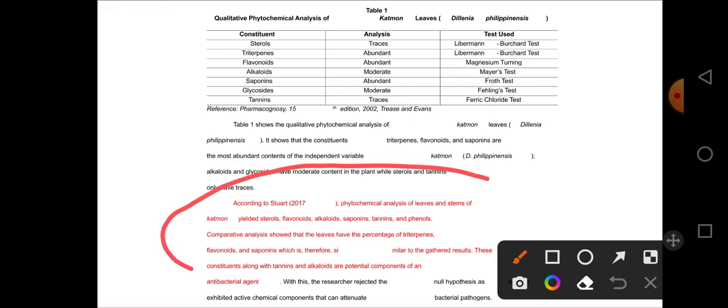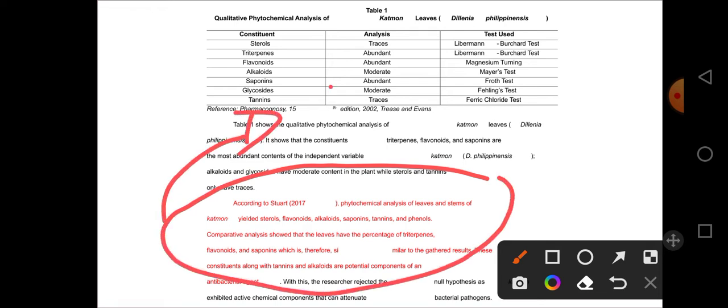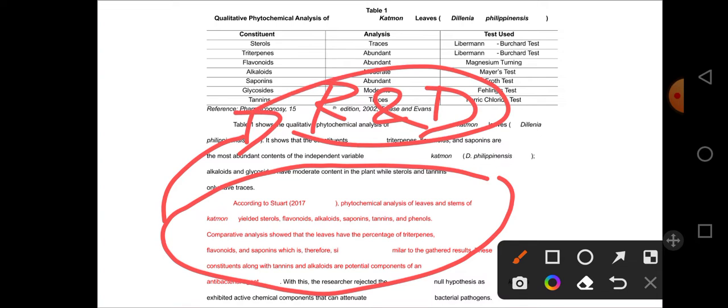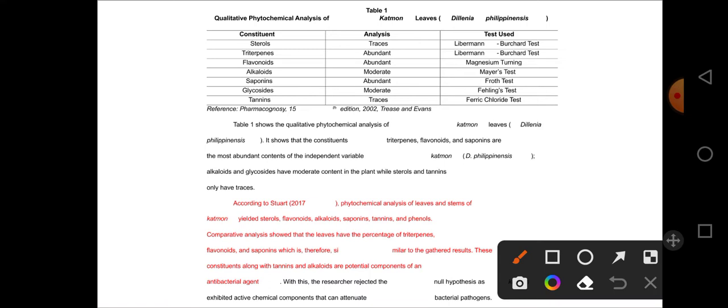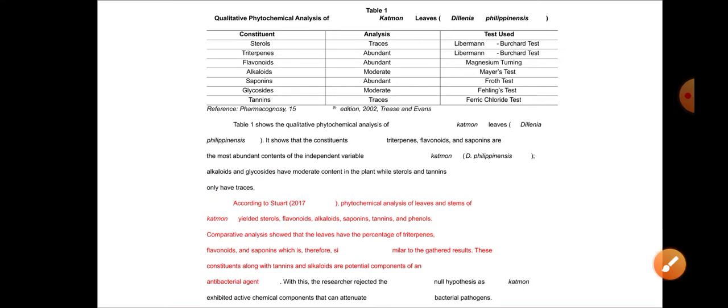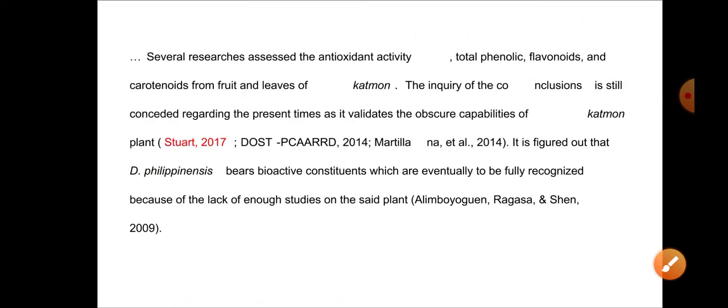This part of your research paper is known as the results and discussion, or chapter 4. In order for you to support your findings in your chapter 4, you must include several RRLS. And these RRLS always include citations. To indicate a supporting resource, you must indicate citations.